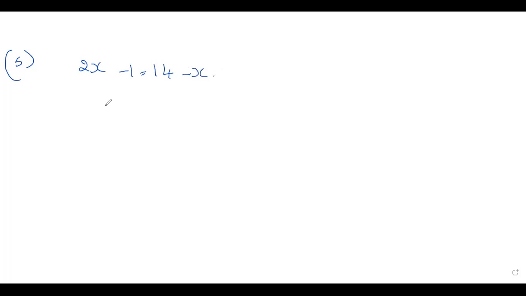2x minus 1 is equal to 14 minus x. Okay, bring the x terms to one side. I'm shifting this minus x to the left.